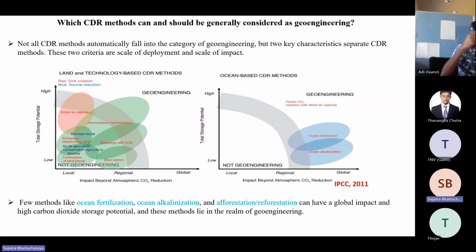Here in this schematic, we can see that for the land and technology-based CDR methods, afforestation and reforestation generally lie in geoengineering, and in the ocean-based CDR methods, ocean fertilization and ocean alkalinization fall into geoengineering methods.